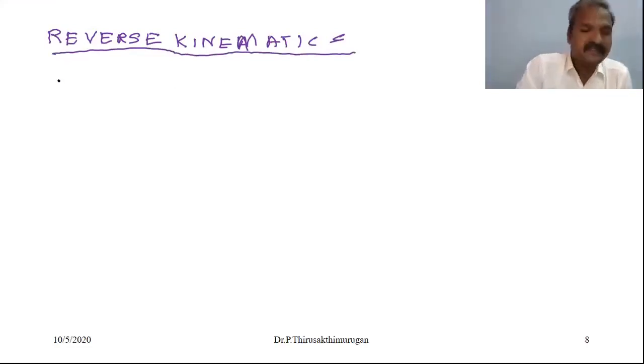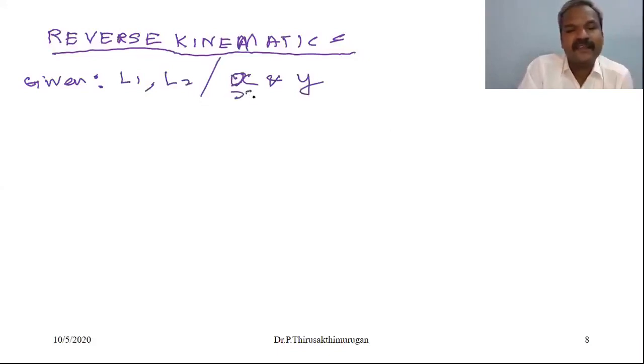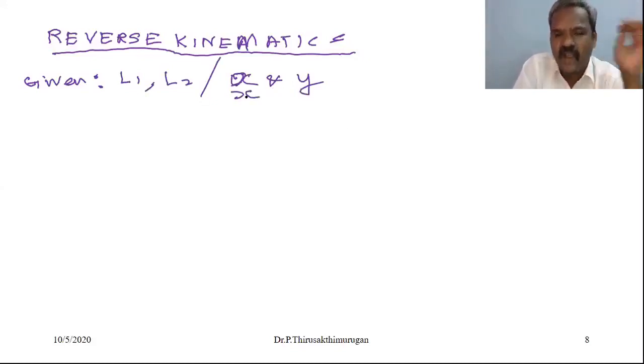What are the parameters given? Given L1 and L2, the link parameters, and x and y. If x, y, L1 and L2 are given, we have to get the solution for the positions of joint 1 and joint 2, that is theta 1 and theta 2.